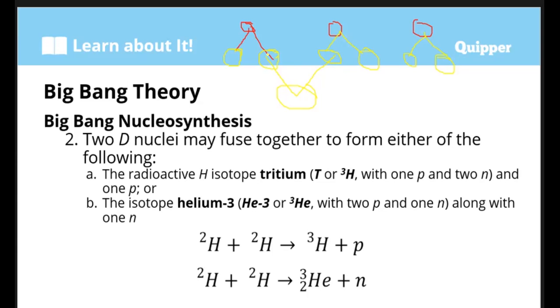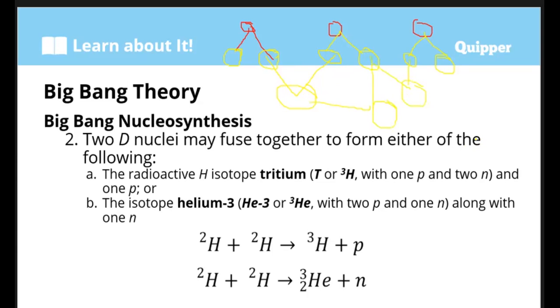So from here, let's say this particle and this particle undergo nuclear fission, then maybe this product and this one are formed again through nuclear fission, or this subatomic particle and this particle formed another particle.